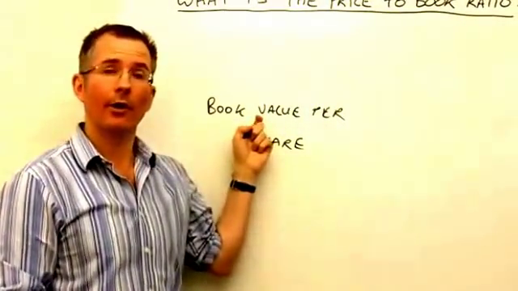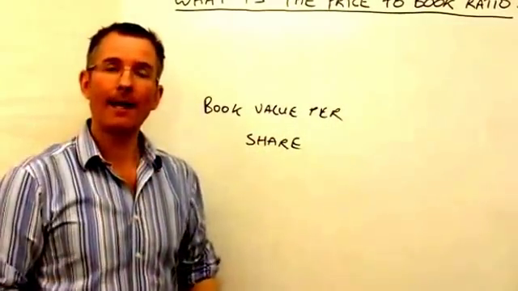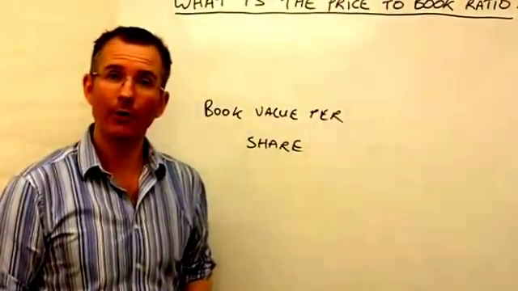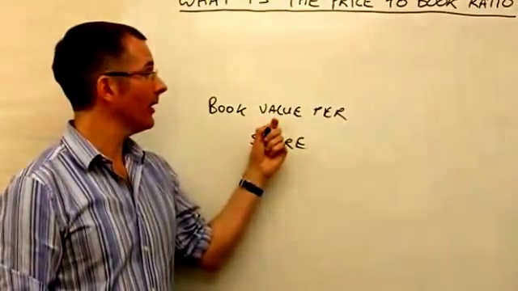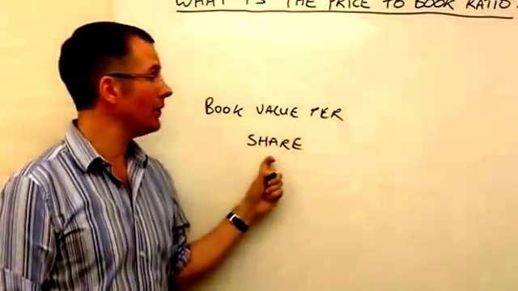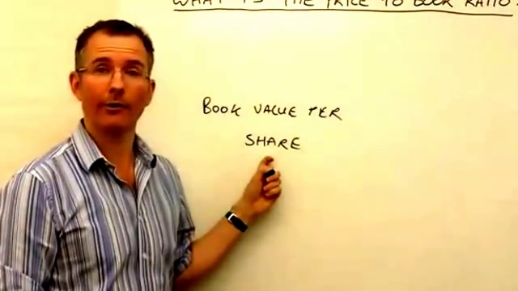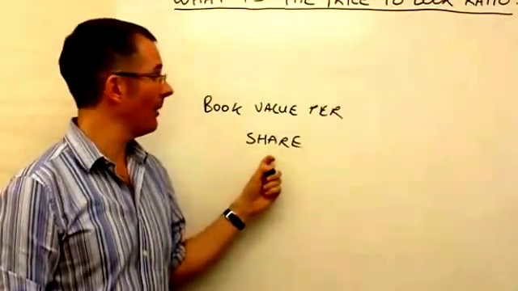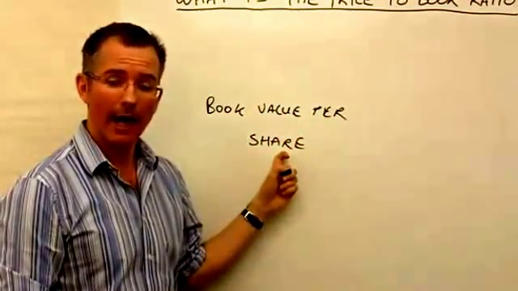In the case of Tesco, that's not a house minus a mortgage, that's more like stores and any debt that finances them, for example. So, if I were to look up from the last set of accounts Tesco's book value and then divide by the number of shares it's issued, and those are pieces of information you can gather fairly easily from a website such as Digital Look or the FT.com, I should be able to come up with something called a book value per share. And in fact I can.